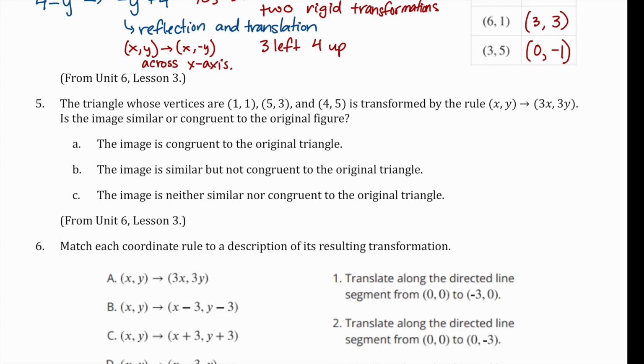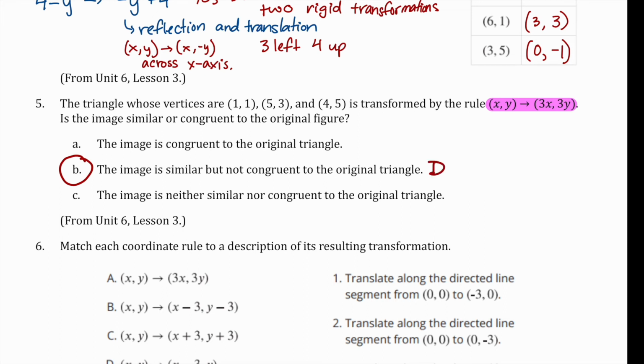Well, they're giving you some numbers, so you can always plot this and check if you want, but I think I have everything I need right here in this statement. x, y becomes 3x, 3y. Multiplying by 3, that's a scale factor. This is going to be a dilation, and that means that this is going to be similar. So it is similar but not congruent.